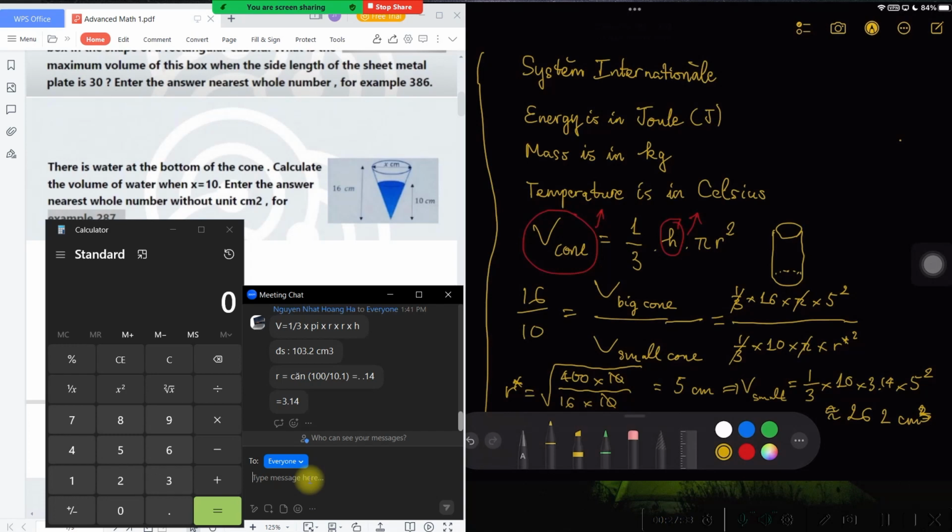What? Okay, so let's see. If x is 10, squared is 100. And no, we have to take the radius, which is 5. We have to find the radius is 5 squared. And then pi is 3.14. And then divide by 3.